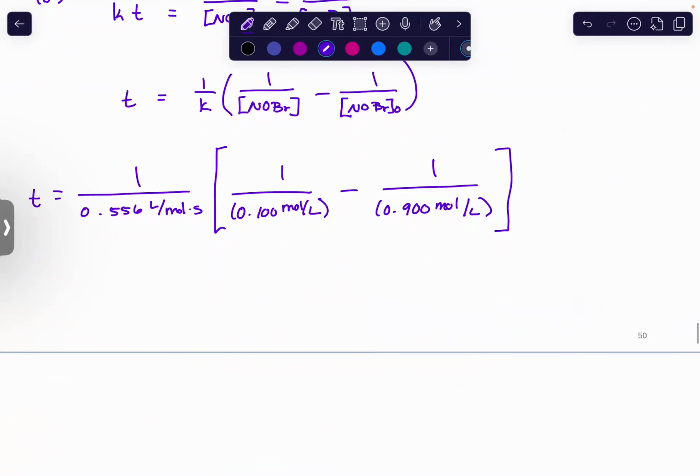And then you get some fancy calculator work. The time you're solving for is going to be 16 seconds.